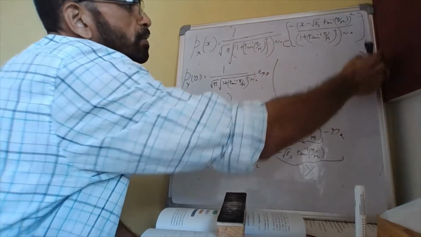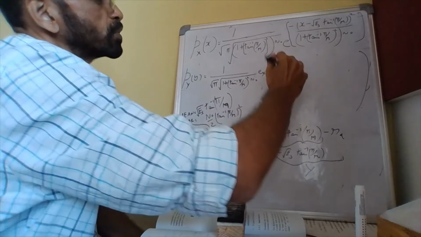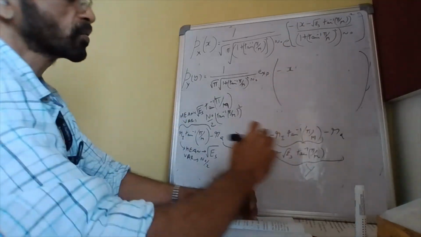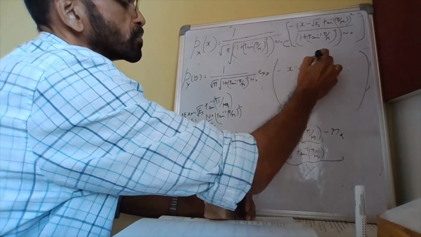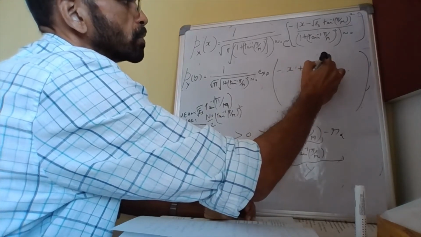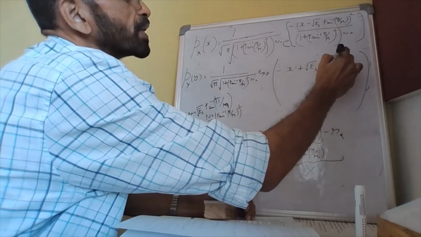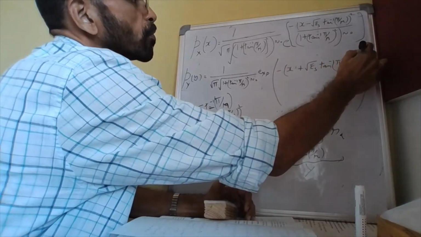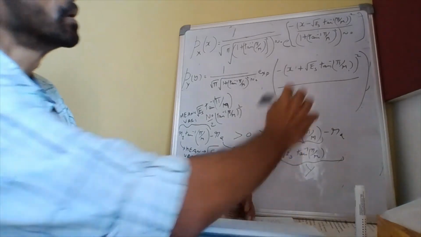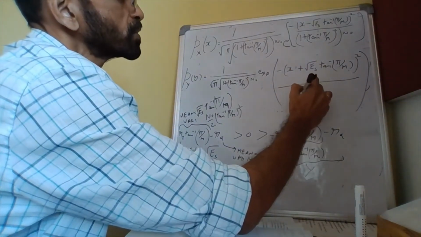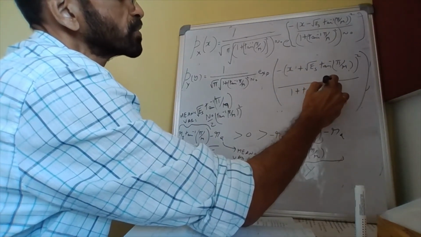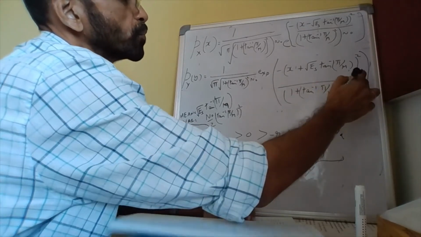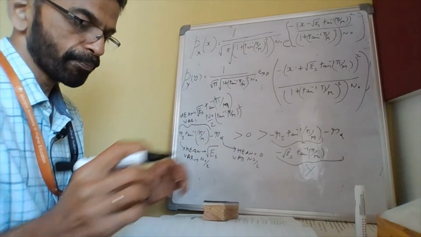It's e power minus of x plus root es tan inverse pi by m whole square by 1 plus tan inverse pi by m whole square into n naught.